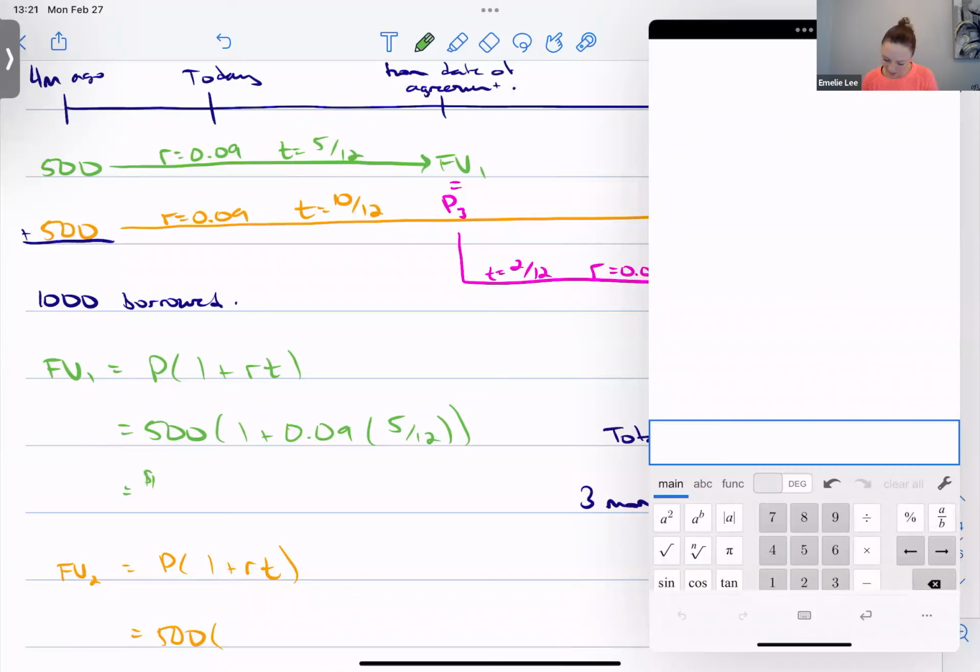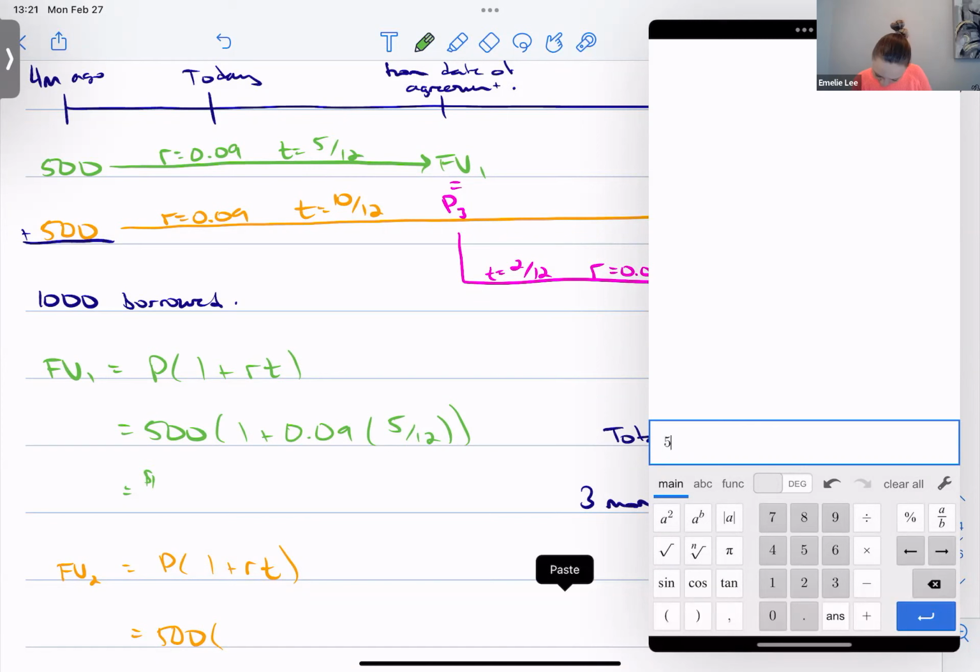I'm just going to do that calculation here real quick. 500 times 1 plus 0.09 times 5 divided by 12.